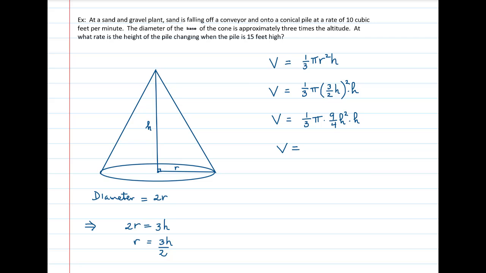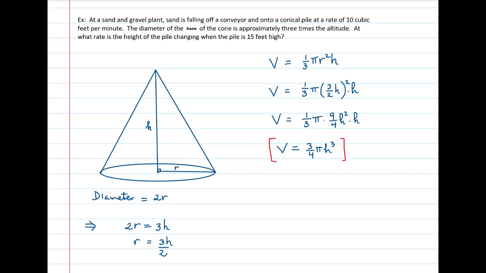Simplifying this a little bit, we end up with volume equal to 3/4 pi times the altitude cubed. Notice how we now have an equation in terms of V and h.